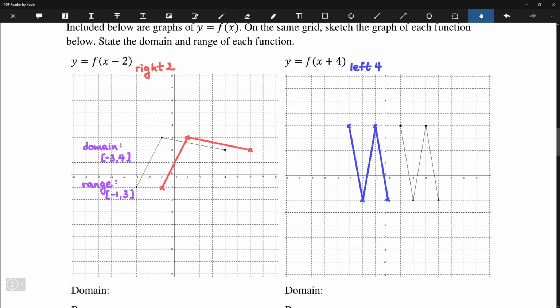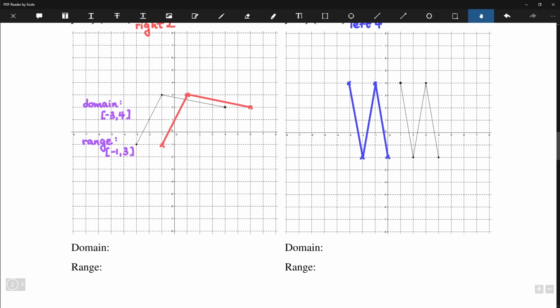And after moving the graph 2 spaces to the right, the domain is what changes in this case. So we have -1 and then +6, but the range remains the same.